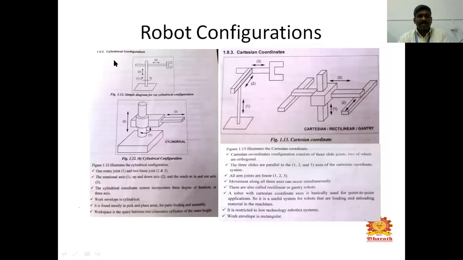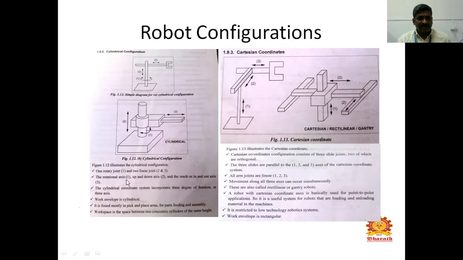Next one is the cylindrical configuration. Look at this. Here the same 3 links are there, 1, 2 and 3. Joint 1 is a rotary joint, and 2 and 3 are linear movements.